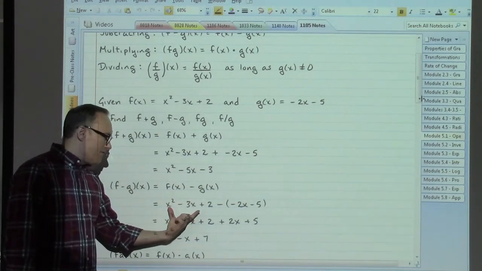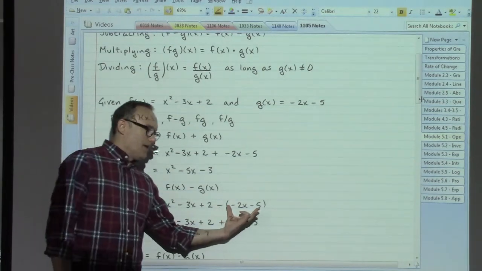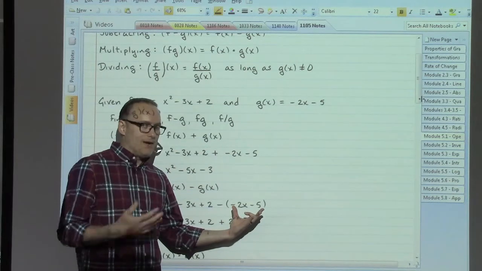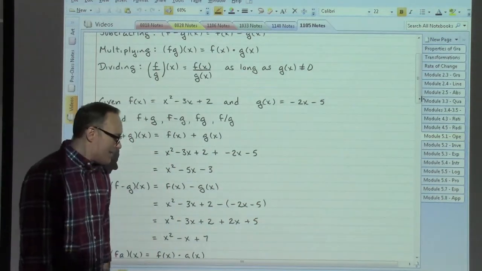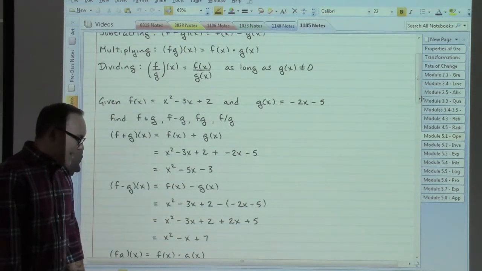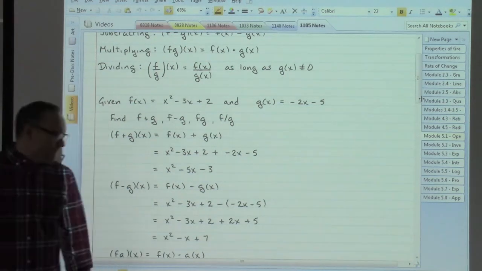So we've got our f function, x squared minus 3x plus 2, minus, and our g function gets put inside parentheses because we know that we've got to be careful about subtracting. So parentheses, negative 2x minus 5. Combine like terms after you've simplified your subtraction business. Get your final answer, x squared minus x plus 7.